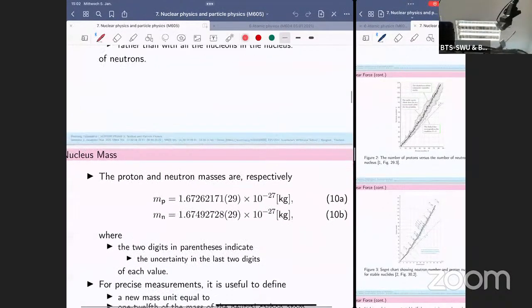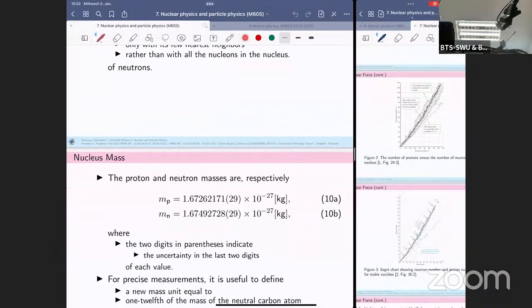Nuclear mass: the proton and neutron masses are given by these values. Of course, we know that the neutron is a little bit heavier, with more mass than the proton. The proton mass is 1.6726 times 10 to the negative 27 kilogram, and the mass of the neutron is 1.67492728 times 10 to the negative 27 kilogram.